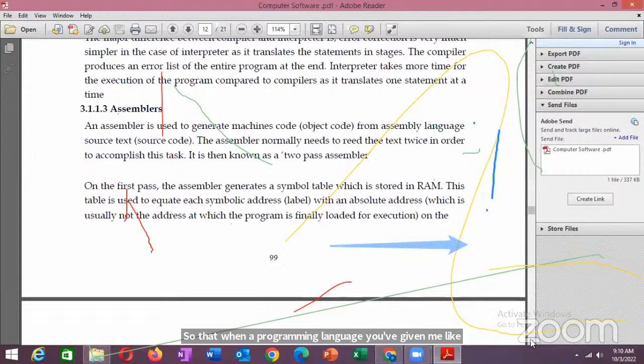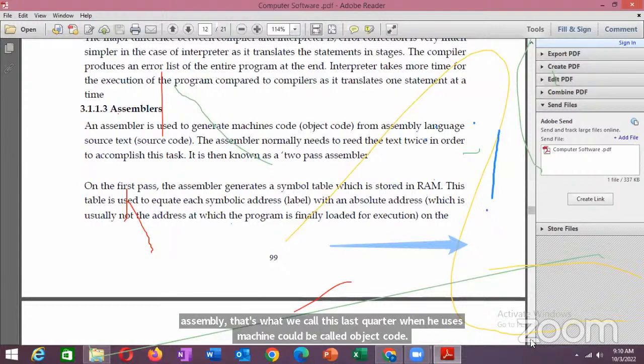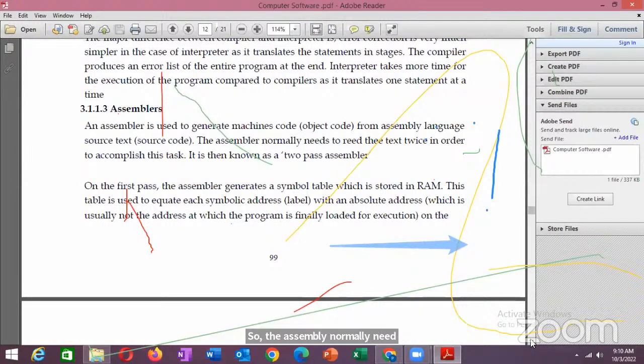So the assembler normally needs to read the text twice in order to accomplish this task. It is known as the two-pass assembler. On the first pass, the assembler generates a simple table which is stored in random access memory.